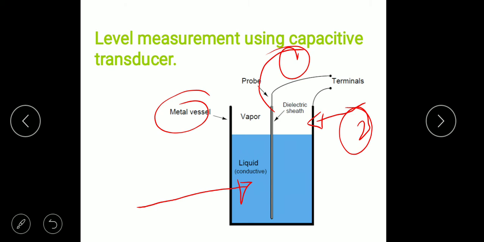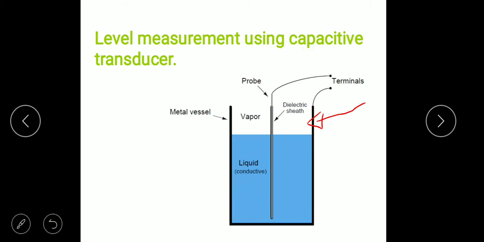Here this part will be the first plate and this metal vessel will be the second plate. Now consider that at the initial stage the water in the vessel rises to a certain level, and this water will cover this metal rod.